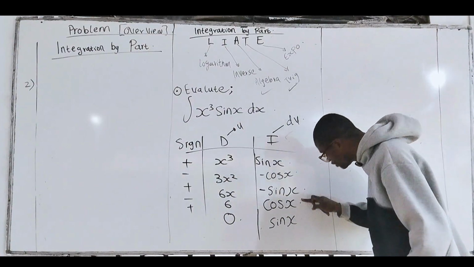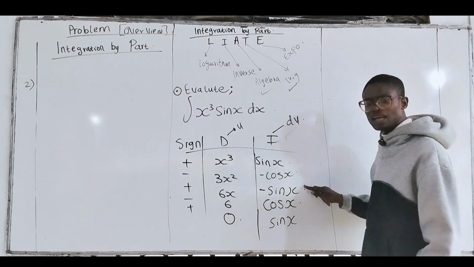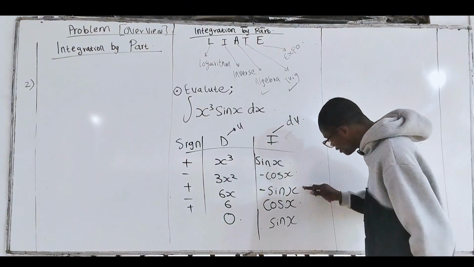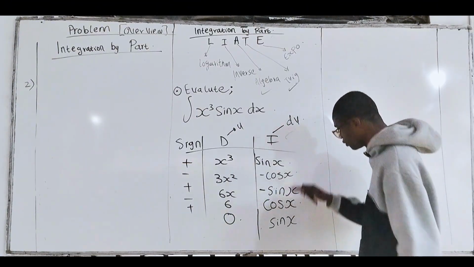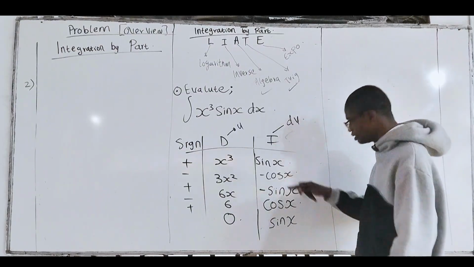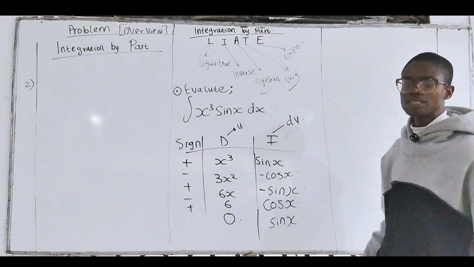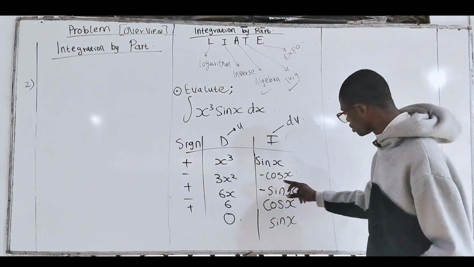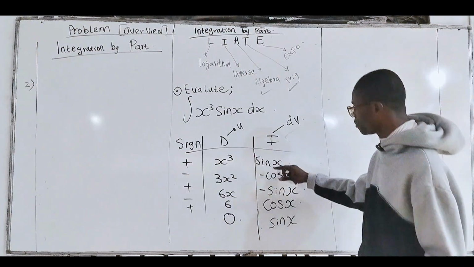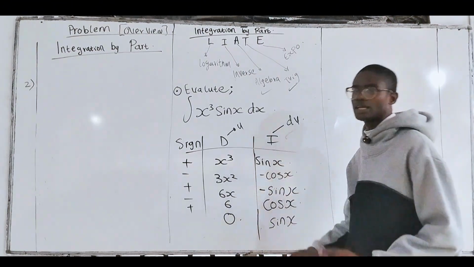If I differentiate this, ordinary sine is supposed to give me cos, but because of the minus, it will give you minus cos x. If I differentiate this, it makes sense. This is supposed to normally give you minus sine, but because of the minus, it gives you ordinary sine.